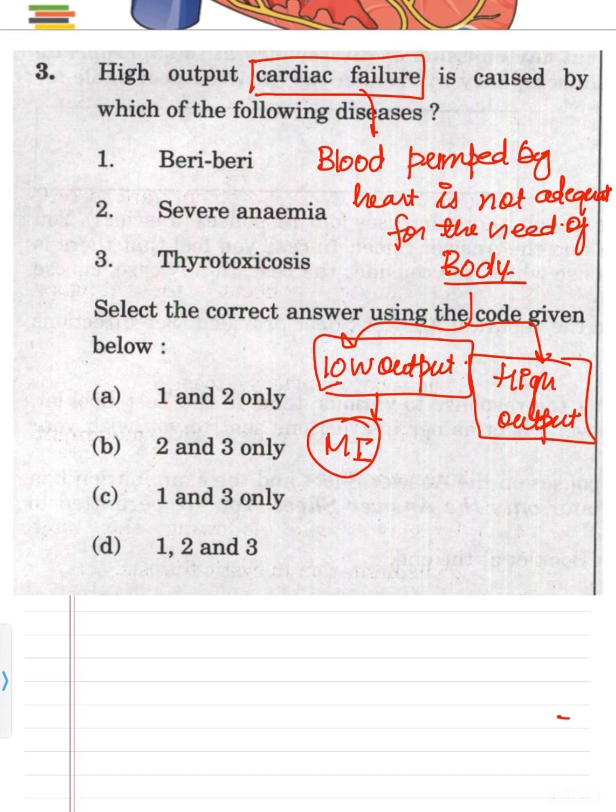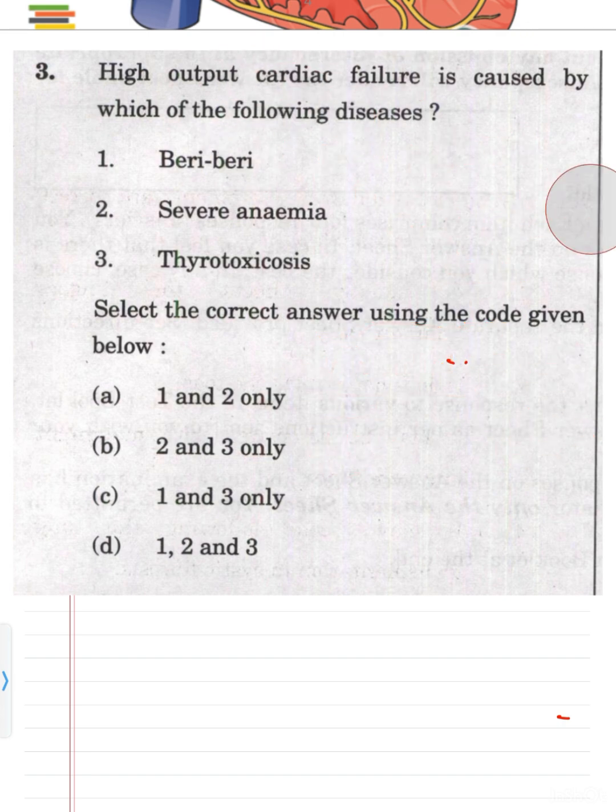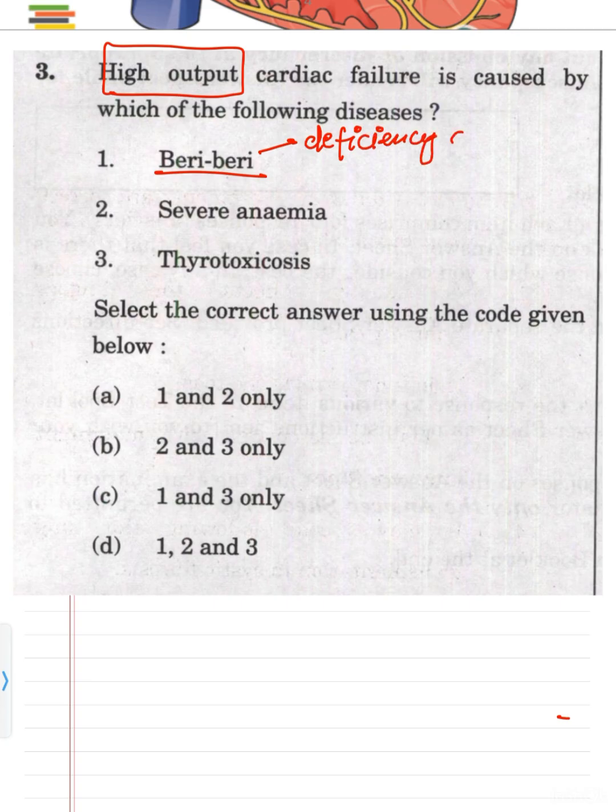They are asking for the conditions which are high output cardiac failure. The first option is beriberi. Beriberi is because of the deficiency of thiamine, which is vitamin B1. What is the role of vitamin B1?